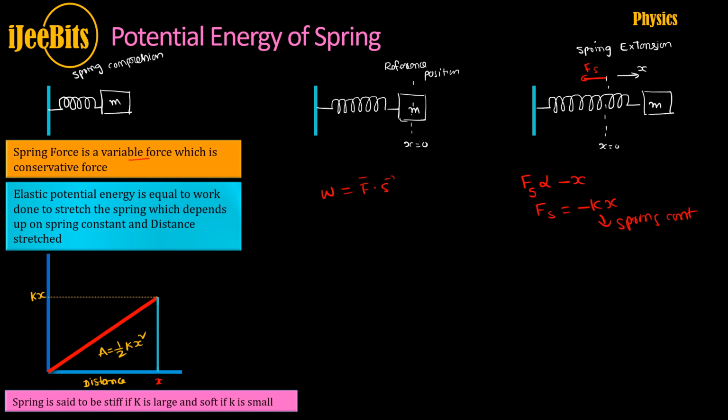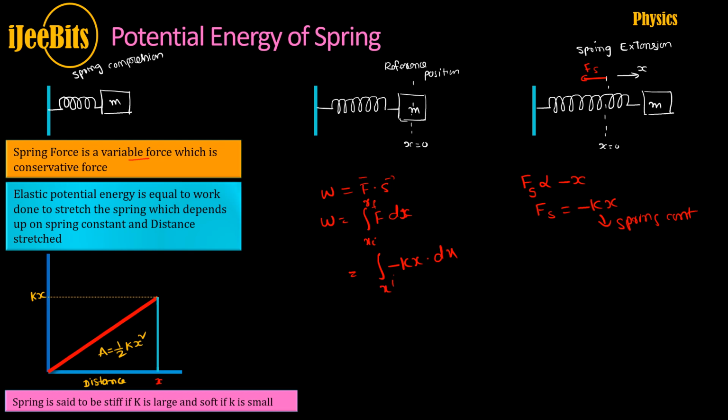What if it is a variable force? Then your work done would be the integration of F into ds. Ds means dx, with limits from the initial to the final value. F means minus kx, so you put minus kx into dx.